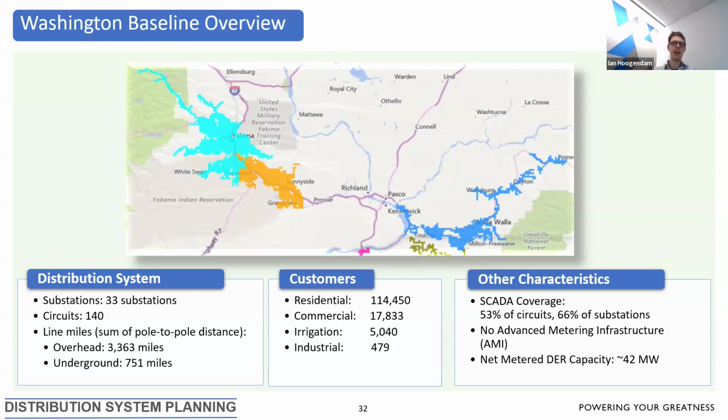It doesn't mean that we can't do non-traditional solutions without AMI, but the areas that we are going to be able to study are going to be really limited, and we'll probably need to start with circuits that have SCADA measurements. But yeah, it does kind of hinder our ability to define the full potential for non-traditional solutions in an area.